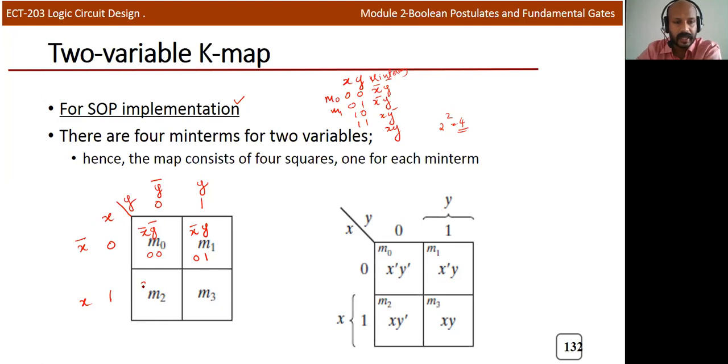Here it is x y bar, so 1 0, that is minterm M2, and the last cell is x y, represented by M3 or 1 1. So we got the idea of how to represent each cell in this table. The same representation you can see here, the final form.